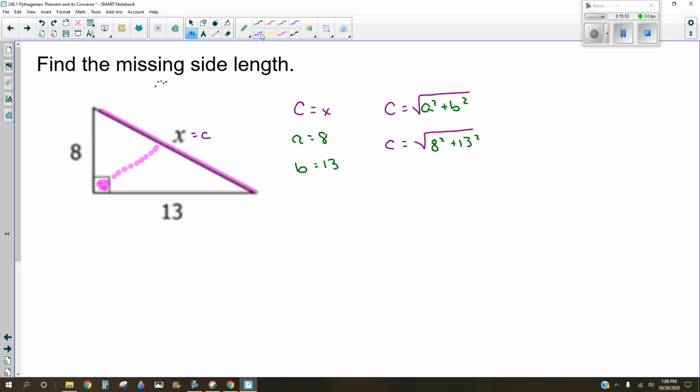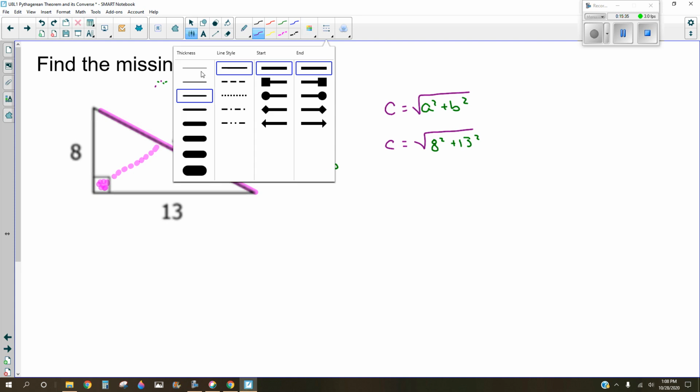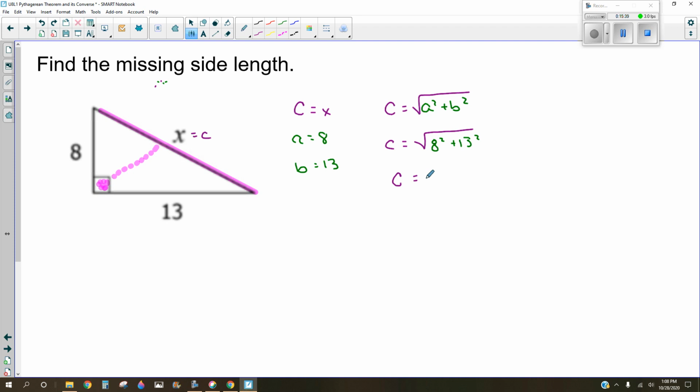And when I put that into a calculator, I'm going to get C is equal to the square root of 233. And I'm going to leave my answer just like this, because it's going to want your answer in simplified radical form. Okay? And you can put this into a calculator to see if it reduces. It doesn't, so we're going to leave it.